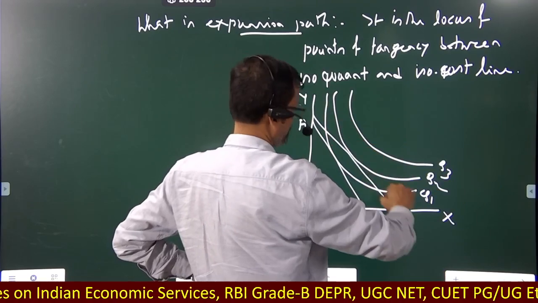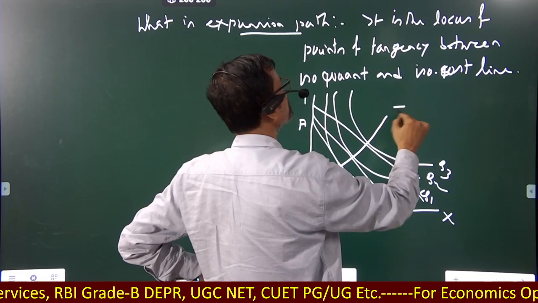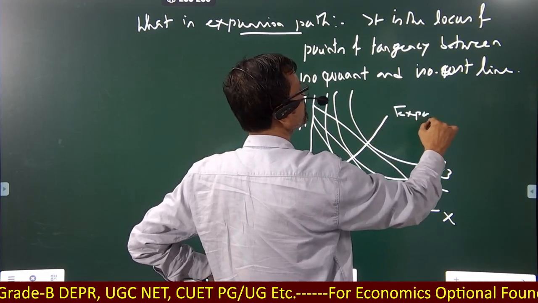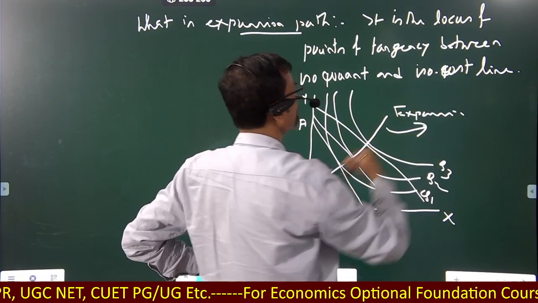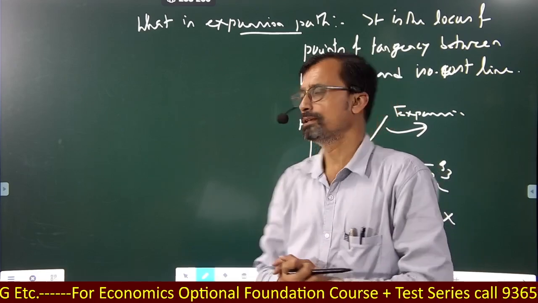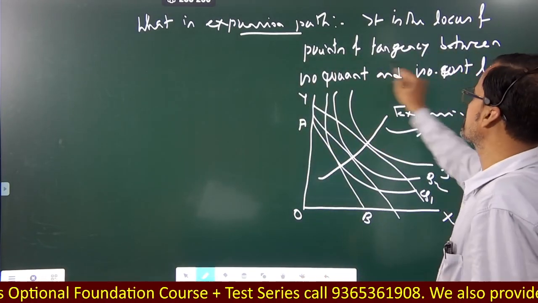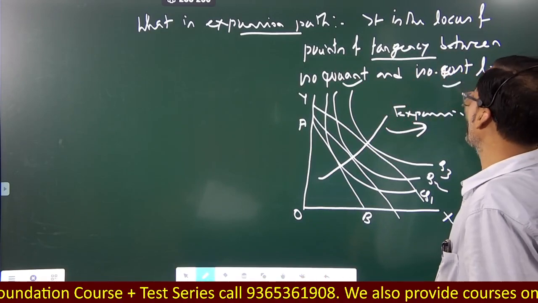So when we touch, we will get a path which is called expansion path. So expansion path is what? It is the locus of the points of tangency between isoquant and isocost.